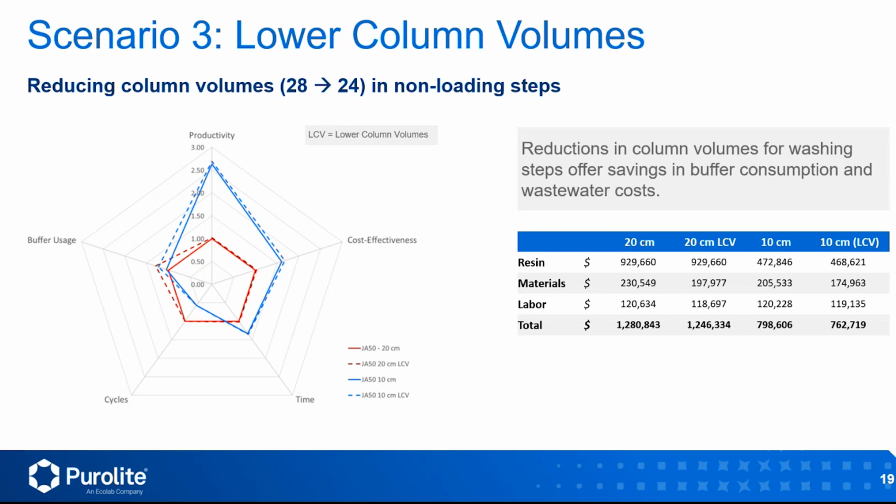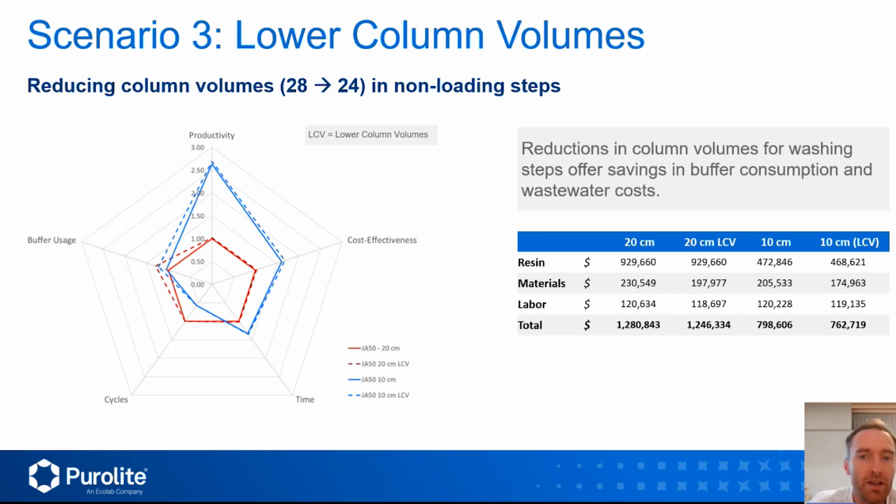And you can see that there's an improvement in productivity and cost effectiveness, particularly in the 10 centimeter bed height. But more importantly, there's an improvement in the buffer consumption. So less buffer is obviously being used. In terms of the savings that this can translate to, in the table on the right, you can see that they're quite small, but this is for this particular example.